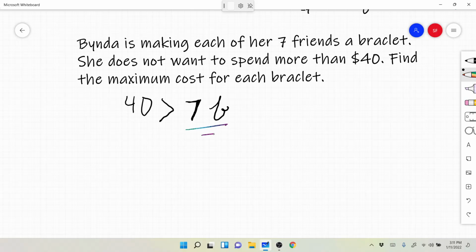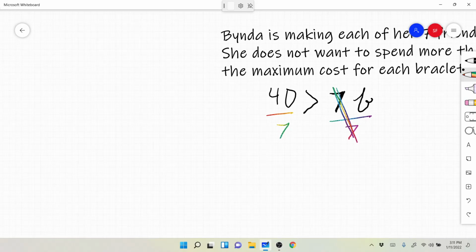Divide by 7. Now, here's a tricky thing, and I did this kind of on purpose. First of all, we got to do 7 into 40. How many times does 7 go into 40? 5 times. 5 times 7 is 35.